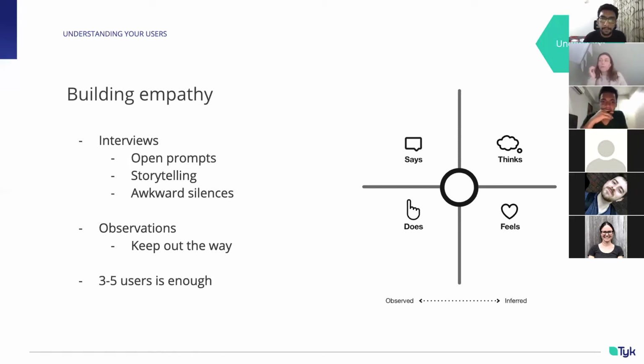Now, part of that process is embracing awkward silences. It's really awkward at first, but it's a really great technique for getting more information out of people than they initially would think that they would want to give you.